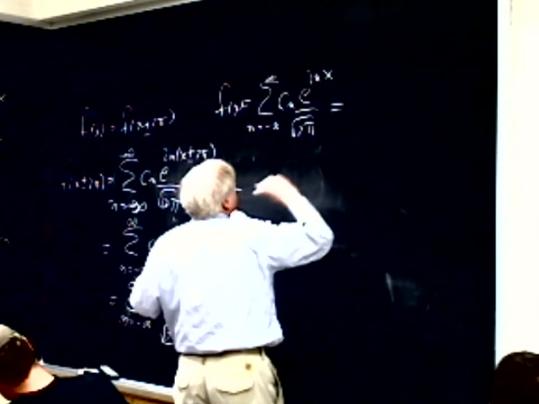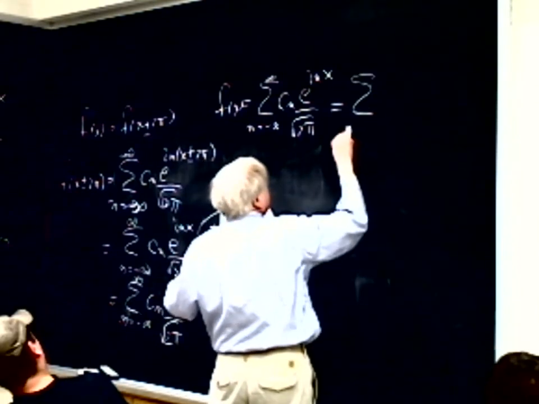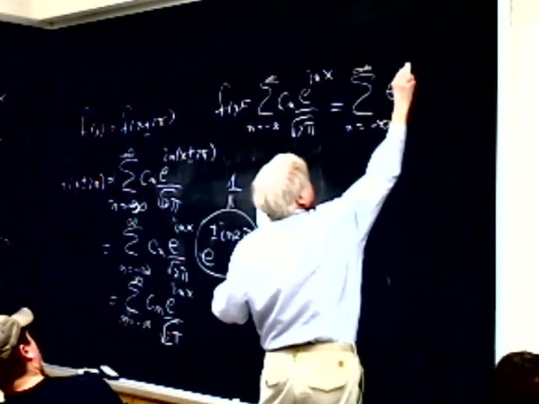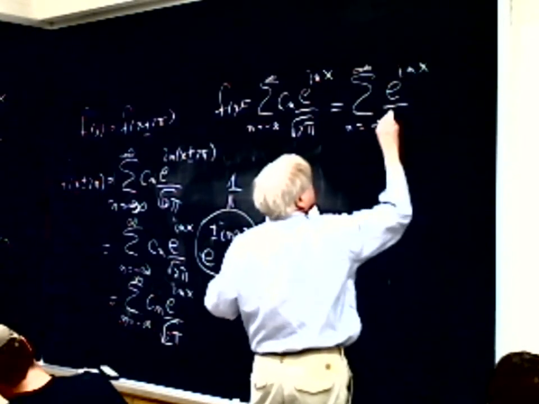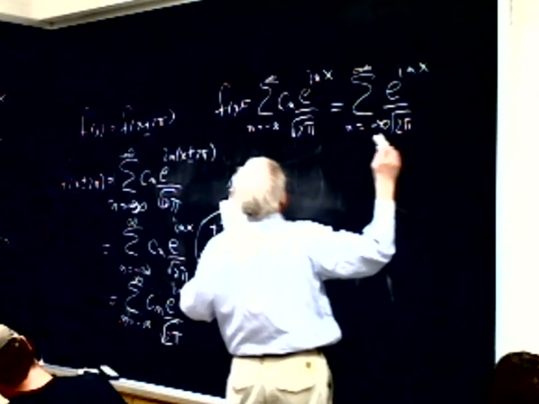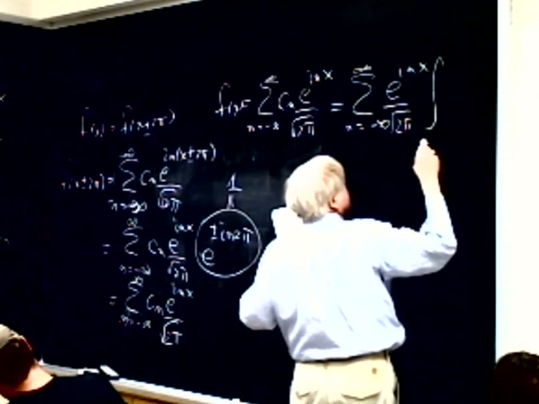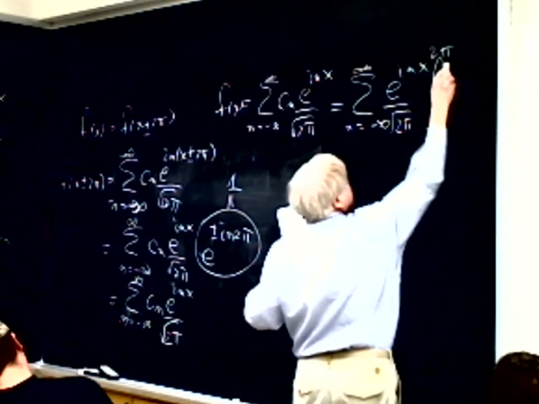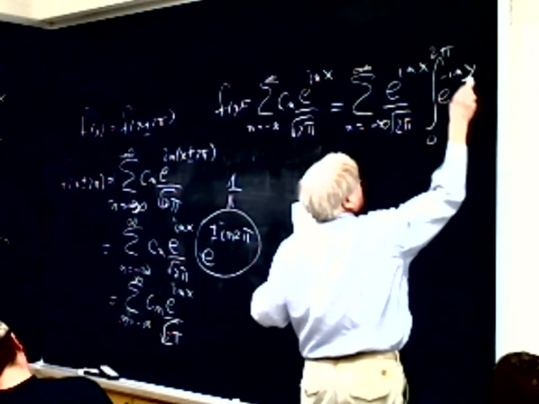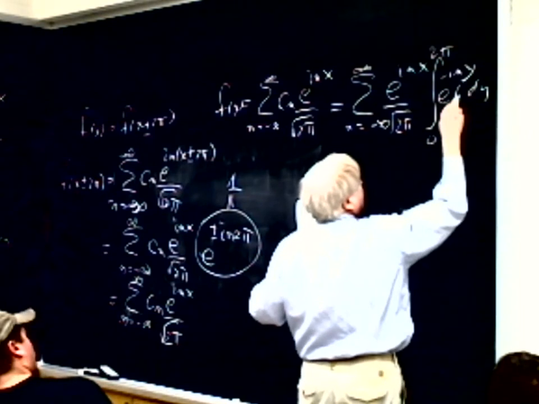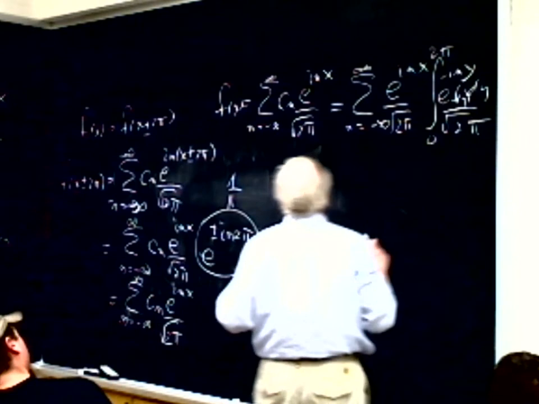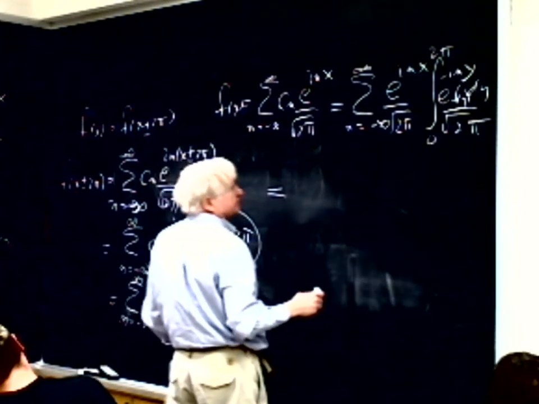Okay, now, on the other hand, that's a sum, n equals minus infinity to plus infinity, e to the i n x over square root of 2 pi times c n. But c n is the integral from 0 to 2 pi e to the minus i n y dy f of y over square root of 2 pi. So this is all together.